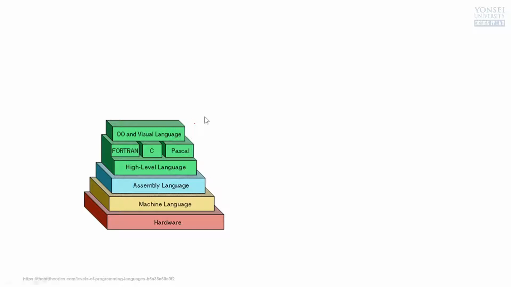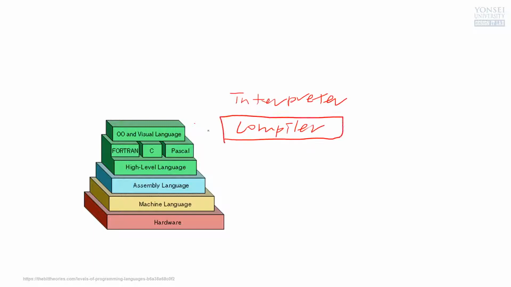For example, I told you interpreter or compiler. So if you program or learn Java, Java should be compiled, and then the compiler turns it into machine language in order to run on top of your machine.